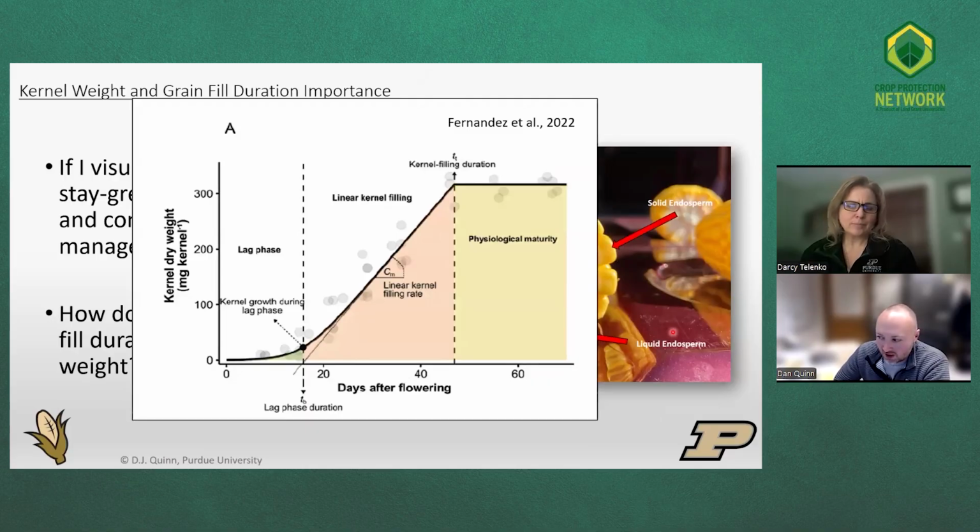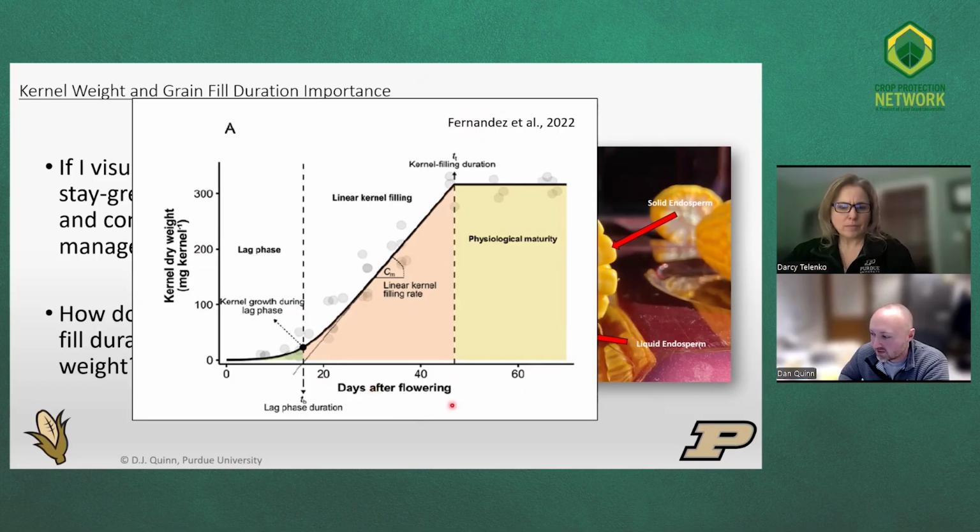So, one aspect before I show some of the data is just helping people understand the overall grain filling process in corn and overall grain fill duration, and also where we were going with some of this research. Here's a good example from a study that was published out of Kansas State, just highlighting that overall process.